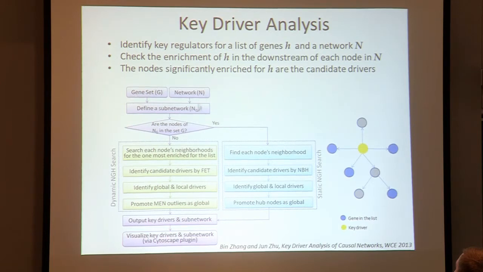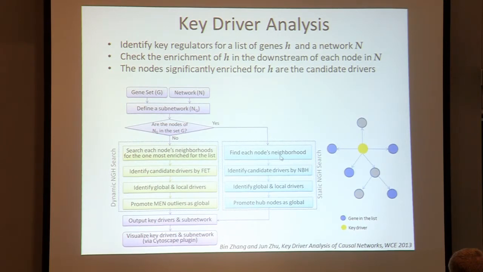In the next lecture I will give more details about key driver analysis, but here I just give you the concept. Basically, it is a dynamic search of the causal network to see which nodes in the causal network are more enriched for the input gene list in the neighborhood of a given node.